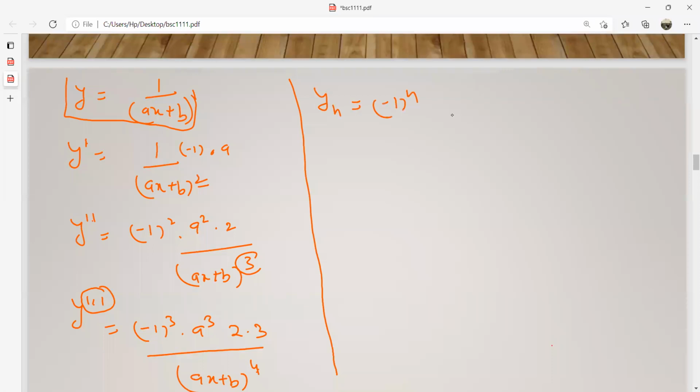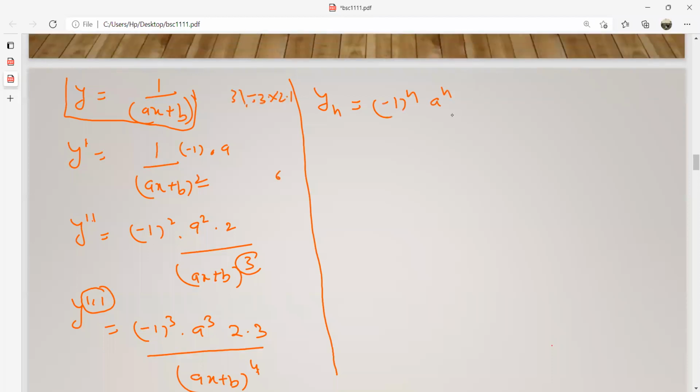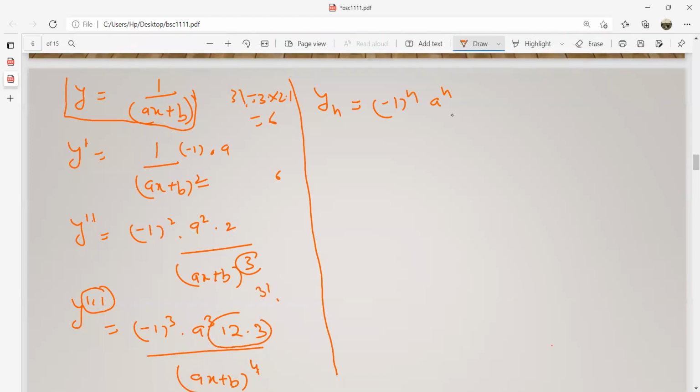So it is the triple derivative and a to the power 3, and this is similar. So a to the power n, and here is 3 2, or 3 2 means 6, or 3 factorial means 3 multiply 2 multiply 1. This is also 6. It means this can be written in the form of 3 factorial. So here is the third derivative, here is 3 factorial. So here is the n-time derivative.